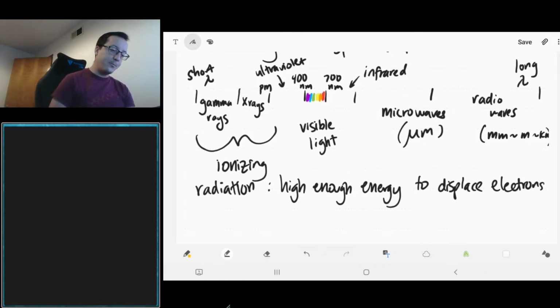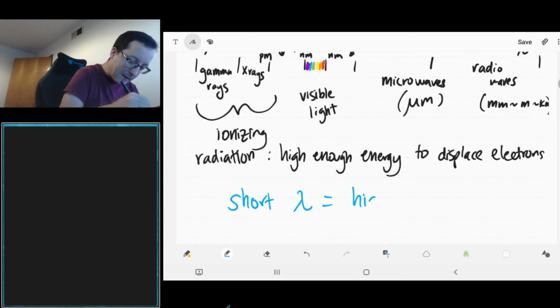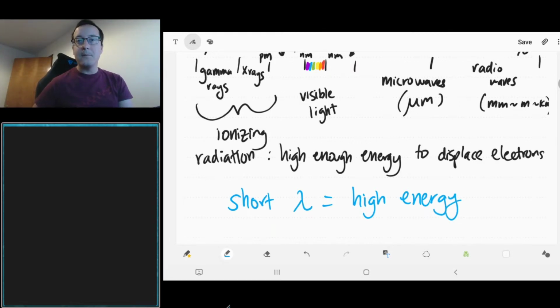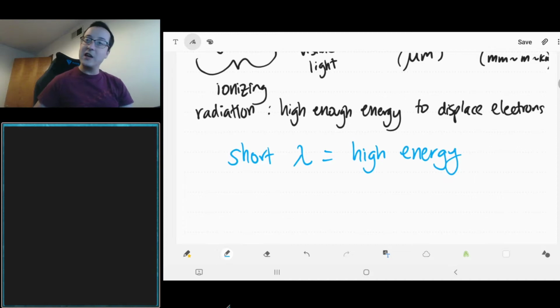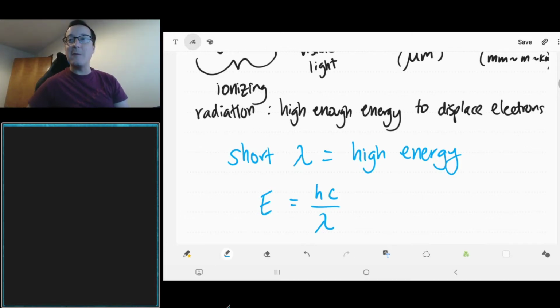And so, that being said, we're going to have another relationship here. The short wavelength is going to be high energy. And we actually have a fun equation for this. Energy is going to be a couple of constants, h and c, both constants, and we're going to have the wavelength on the bottom.